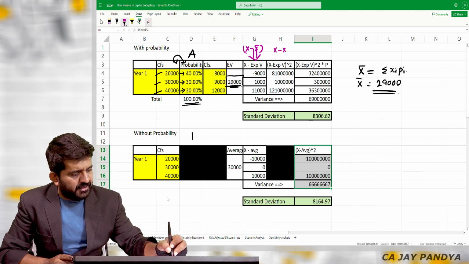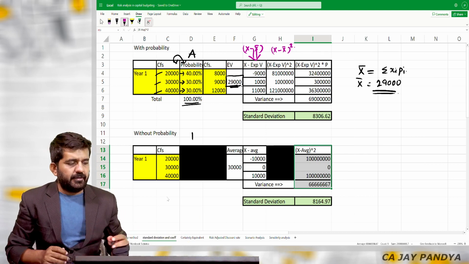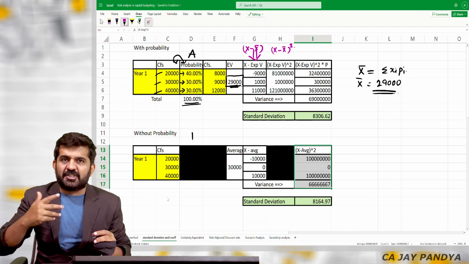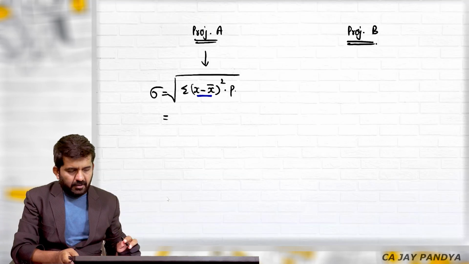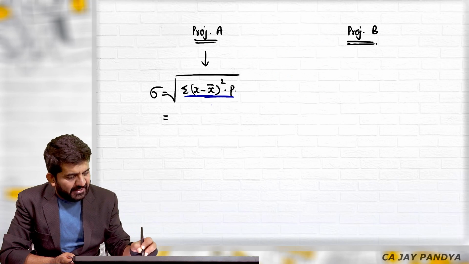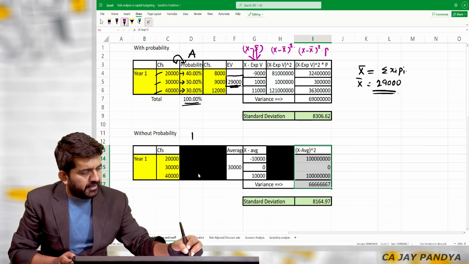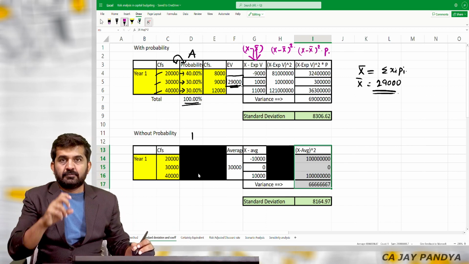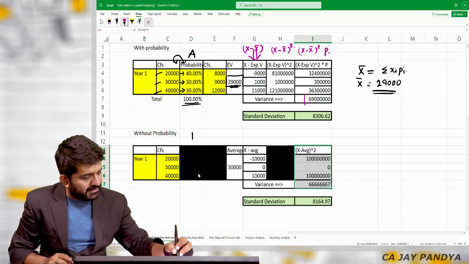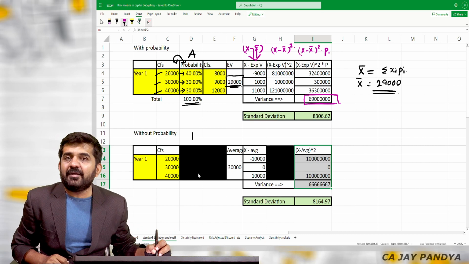So we have done x minus x bar whole square. See, in whole square everything will become positive, nothing will remain negative. Now what I want is sigma x minus x bar whole square into p. So I have multiplied p over here. So this is x minus x bar whole square into p.